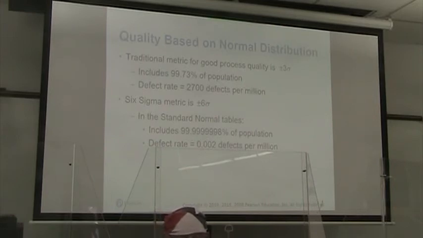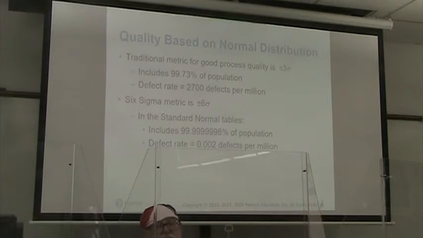All right, so in this case, a Six Sigma program brings us quality based on the normal distribution. The traditional metric for a good process quality is plus or minus 3 standard deviations, or sigmas. So that is going to include 99.73% of the population.